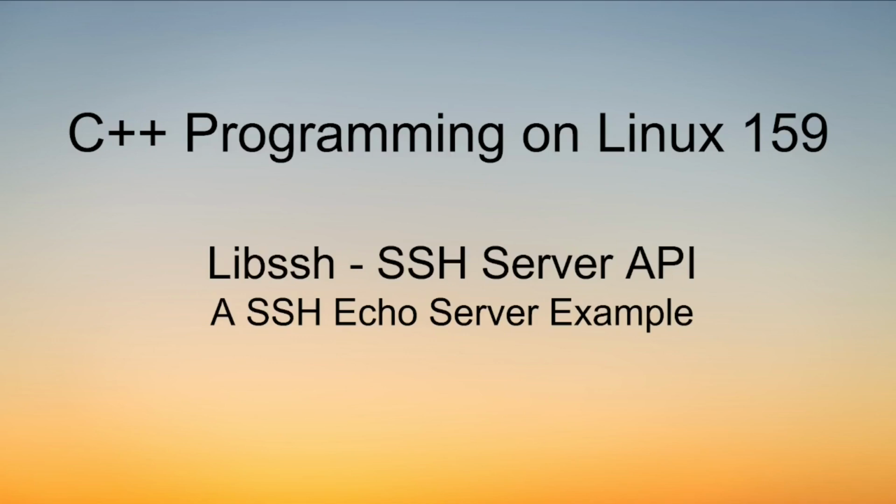C++ programming on Linux. In this short video, we will continue to talk about the SSH Server API. On our channel, we have already made a few videos showing how to write C++ network programming of TCP, TLS, SSL, HTTP, and HTTPS servers using different libraries like OpenSSL, WolfSSL, Boost C++ API, libevent, and others.